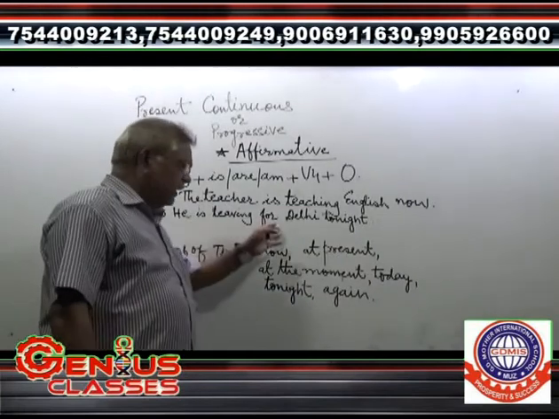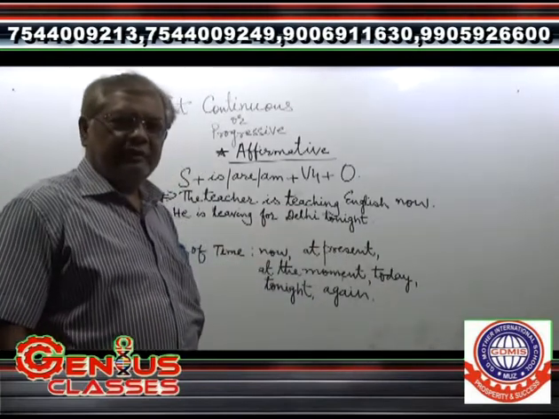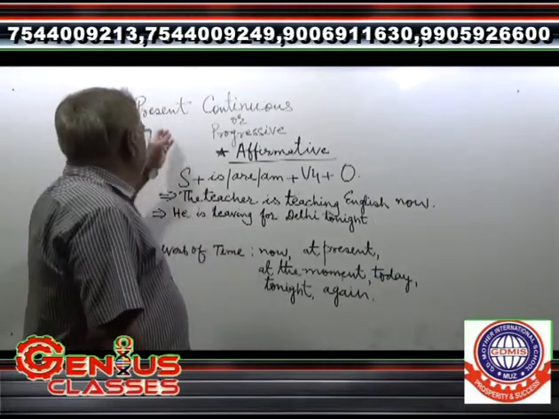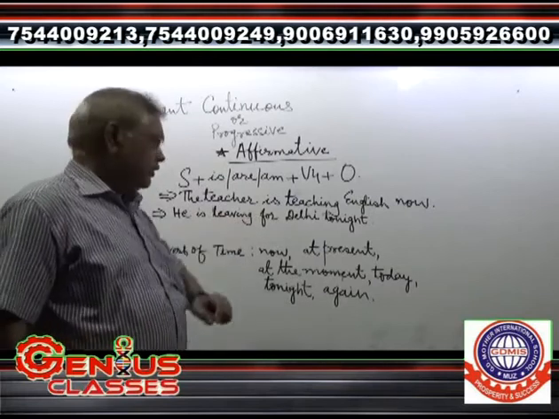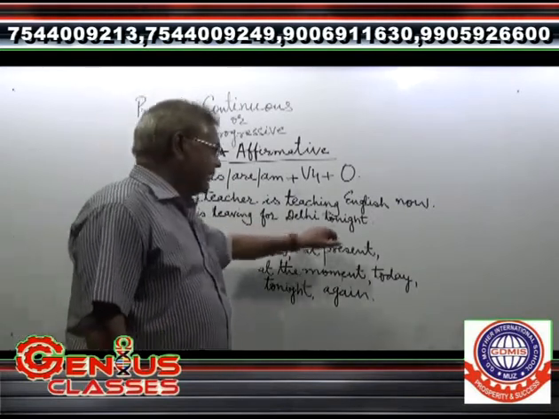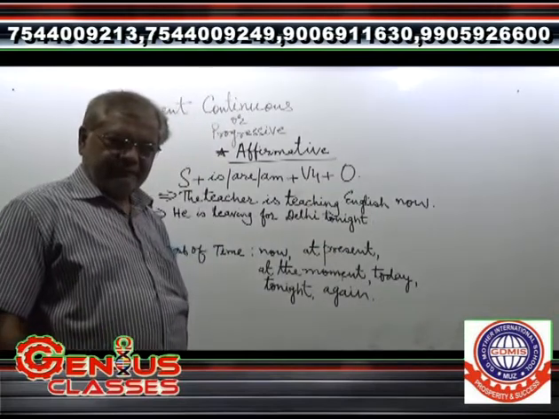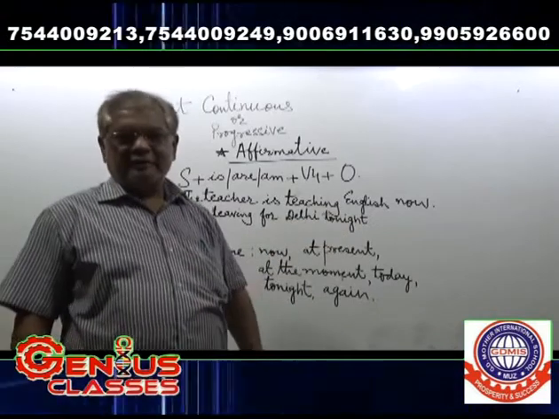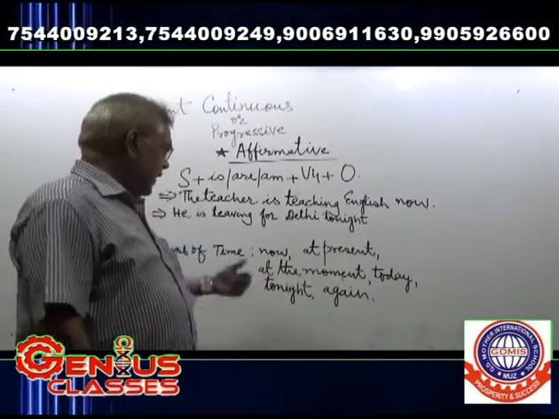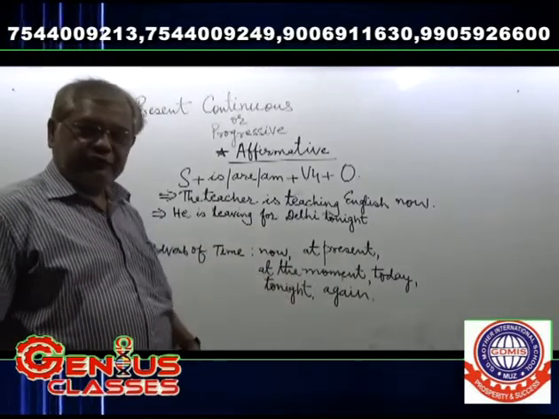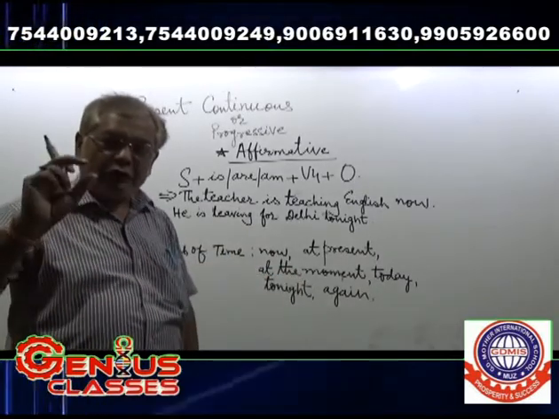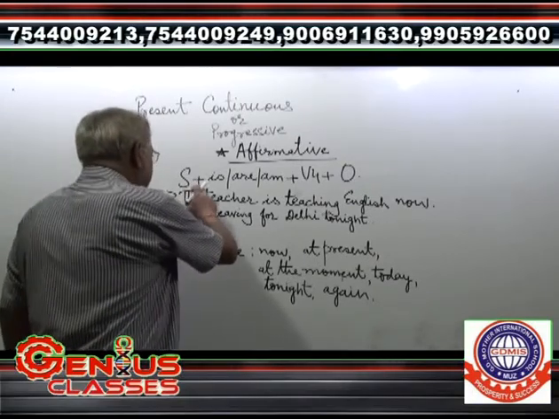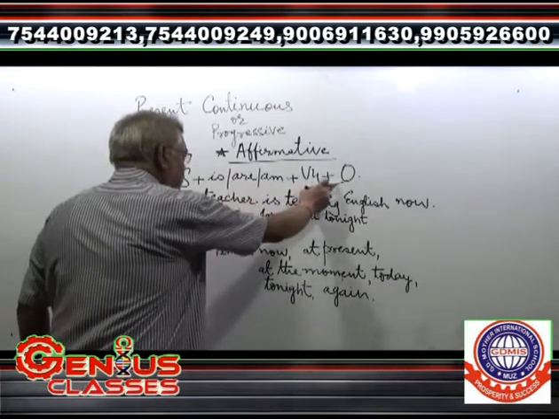Actually it indicates the future tense, but this may be used in terms of the present continuous tense also. He is leaving for Delhi tonight. Or he is leaving for Delhi today. With this helping verb, the adverb of time also may be used. So simply the original formula of an affirmative sentence is subject plus is/am/are plus verb plus object.